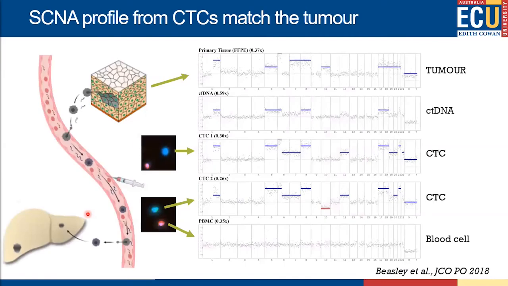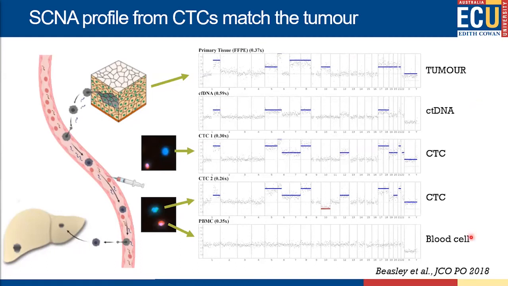Circulating tumor cells, which are cells derived from the patient's tumor, have been shown to carry copy number alterations that represent the same alterations that you can find in a tumor, and therefore can serve as a surrogate or an alternative to a tumor metastasis.